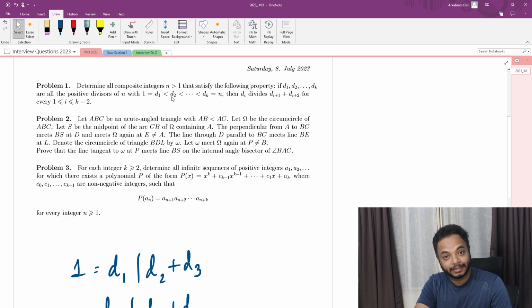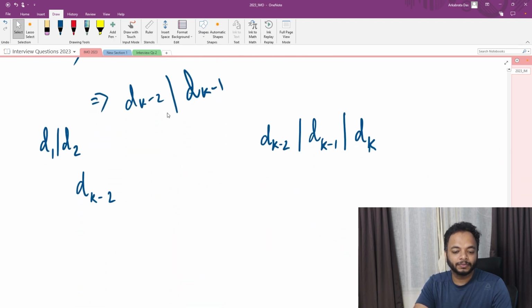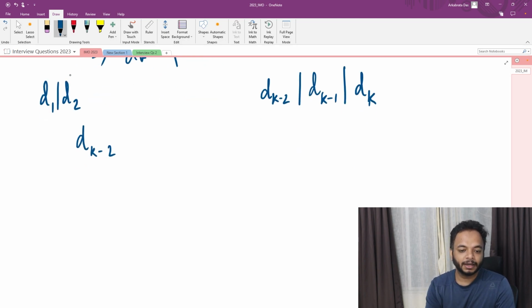The second divisor with the second last divisor, the product is also n. This is the concept we use to figure out the product of all the positive divisors of a natural number. Those who have learned these basic things know that d1 times d_k is n, and d2 times d_(k-1) is also n.